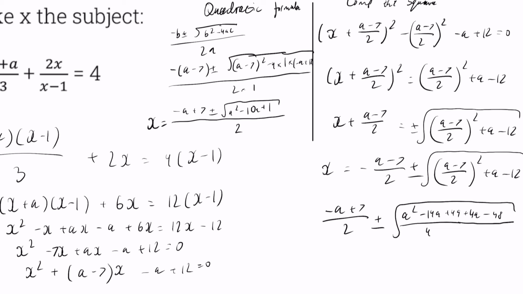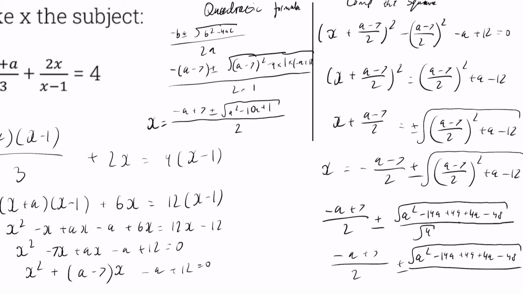Now we can rewrite the square root as the square root of the top and the square root of the bottom denominator. And square rooting a 4 will give us plus or minus 2, but since there is a plus or minus in front of the fraction here, we can just write it as minus a plus 7 over 2 plus or minus the square root of the top divided by 2.